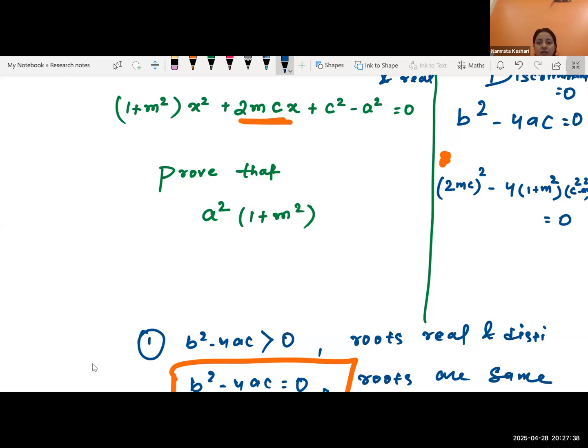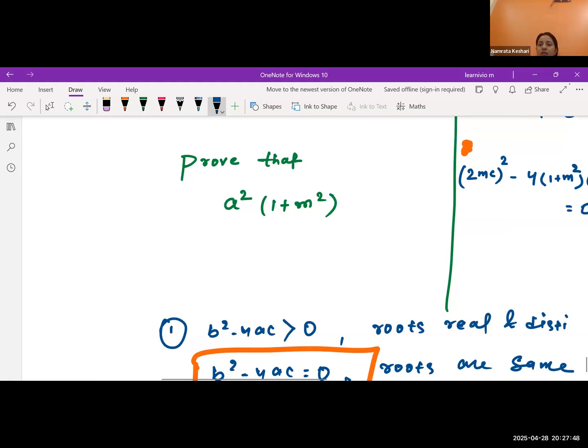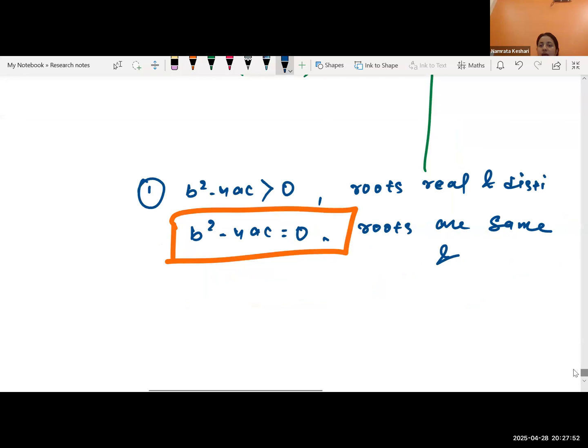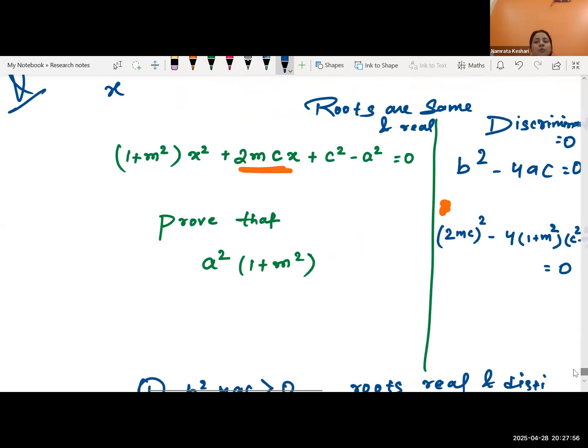It's a format, the nature of the roots. We are just taking it as it is, the rule says b square minus 4ac is equal to 0. That is the case which will give us the same roots. The roots are real and equal.